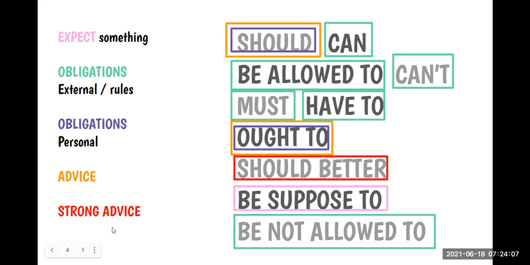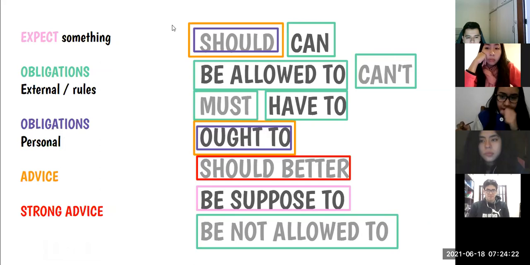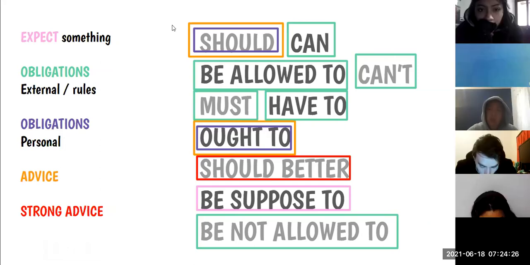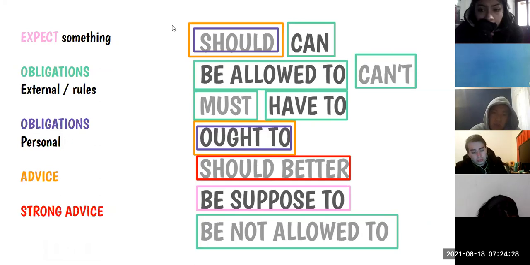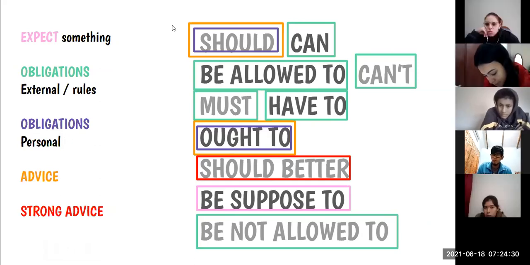Okay. Something important about these modal verbs. What form of the verbs do we use after modal verbs? How can we use the verbs after modal verbs? Any idea? With ing? Okay. Anybody else?